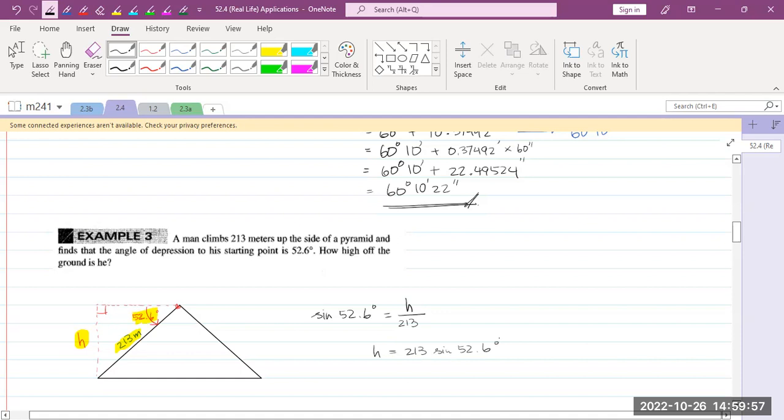Now from there we use our calculator. 213 sine 52.6. The height is 169.21031 meters. Okay, now that's for example 3.